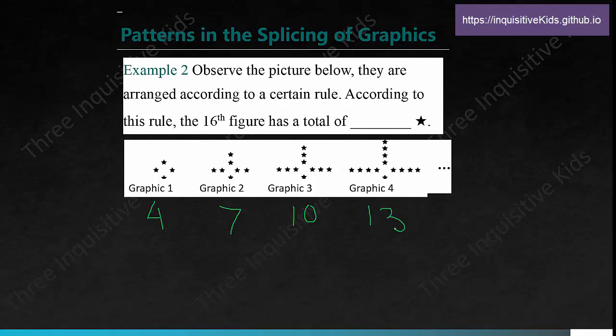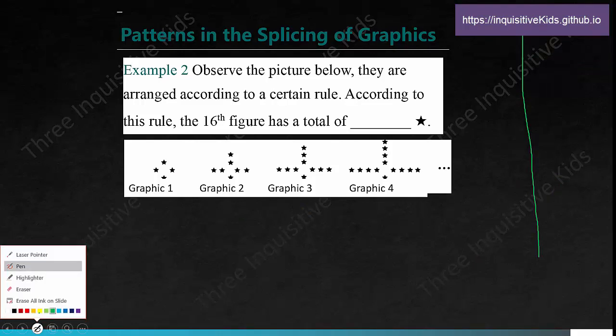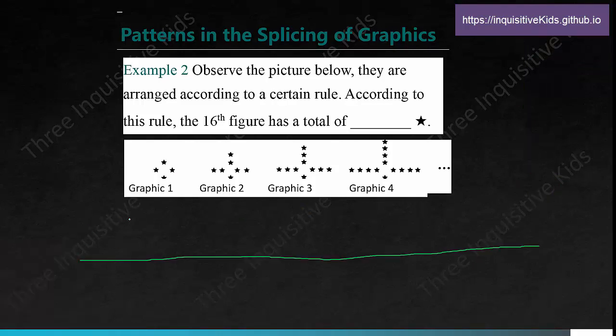So for the graphics, making a table is extremely helpful. How we can do this is make a table. On the top it'll be which graphic, and at the bottom, how many stars.